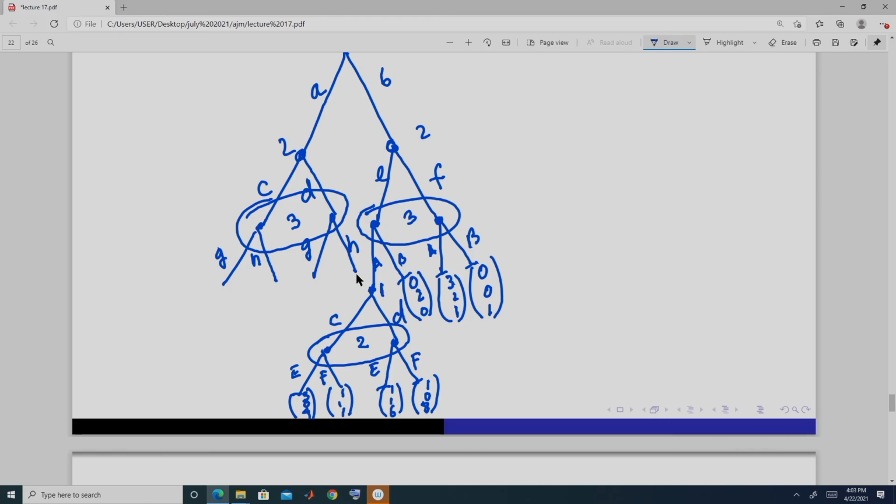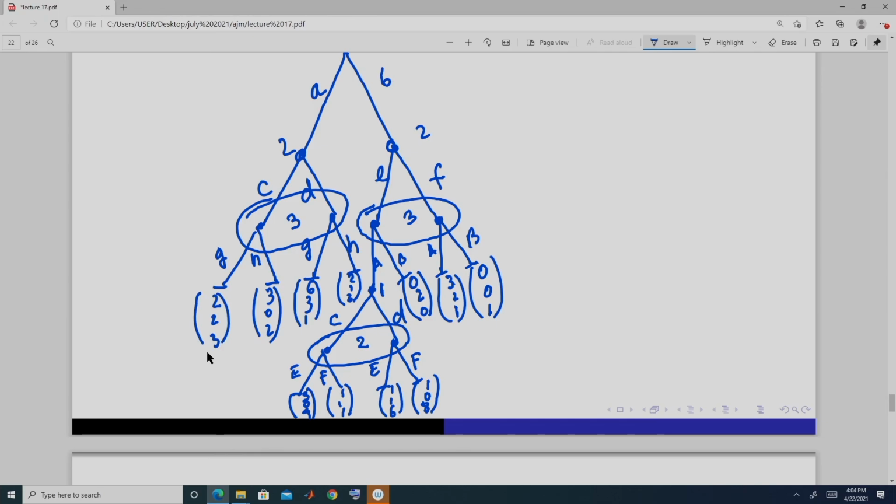Suppose this payoff here is 2 1 2, payoff here is 6 3 1, payoff here is 3 0 2, here is 2 2 3.